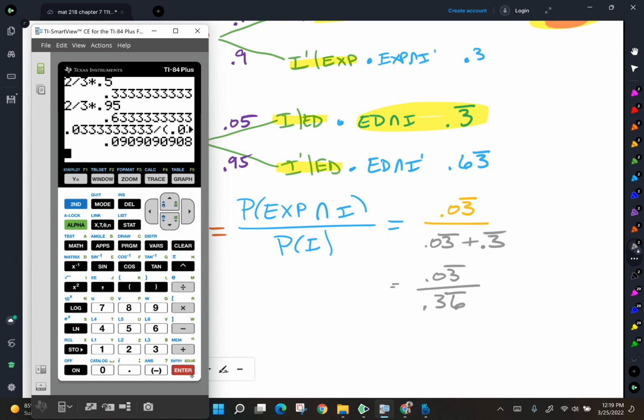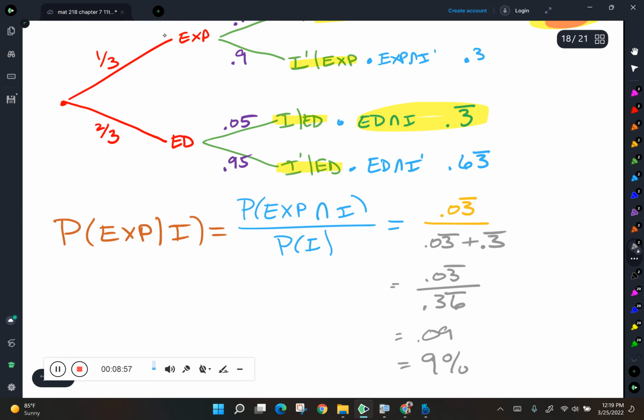And I get 0.090909. So it looks like it's 0.09 repeating. Oh wait, that 8 on the end makes it not that. So we'll just round it to 2 decimal places and call it 0.09 or 9%. All right, so let's look and try to see what this means.